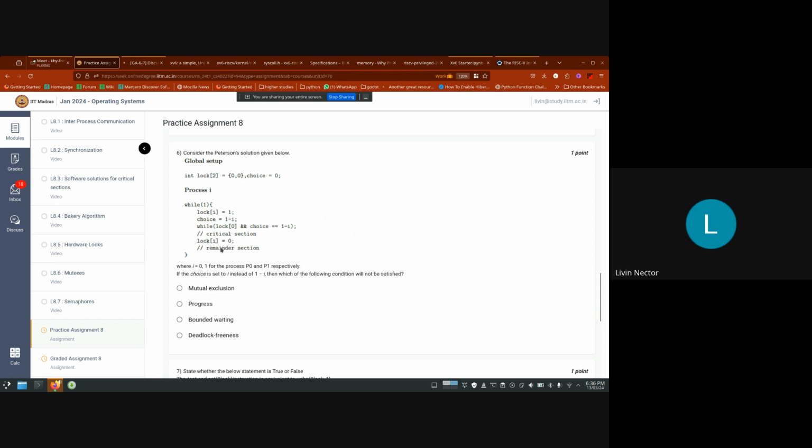So assume that case. Lock of 0 is 0. And assume the other process wants to enter, right? Oh, it should be here. Here it should be I, not 0. There is some small correction here.